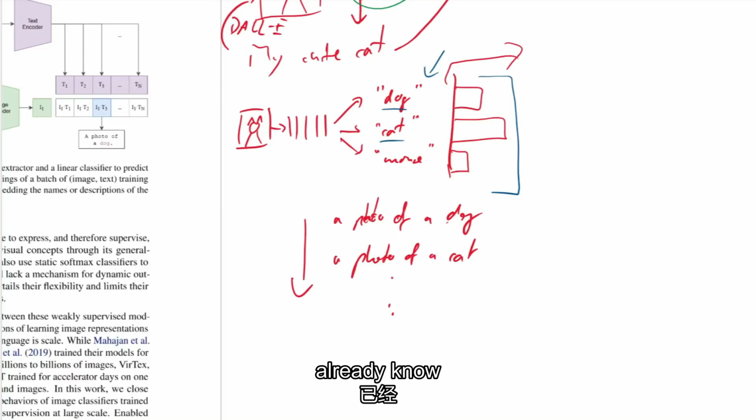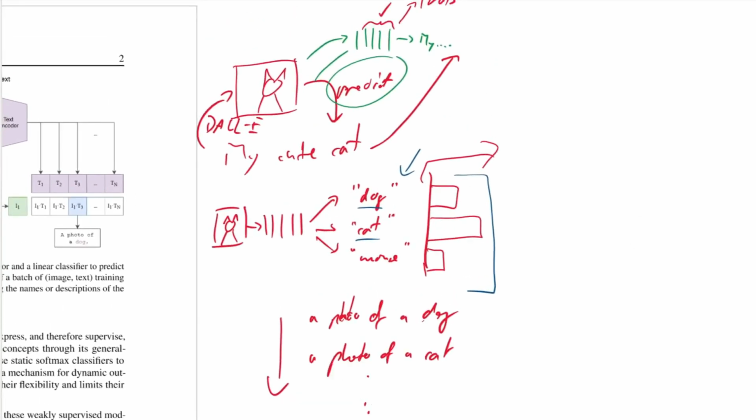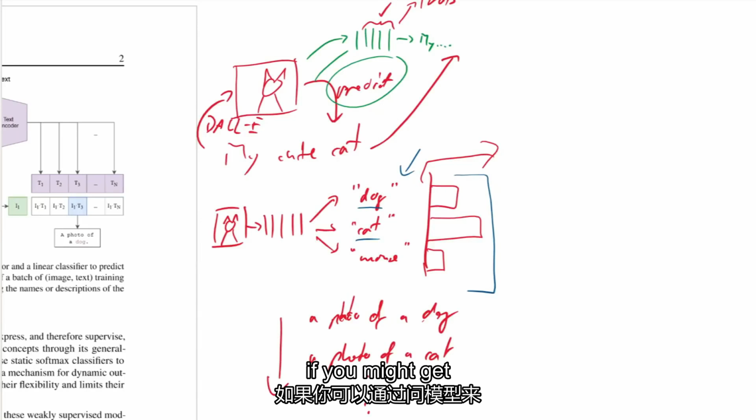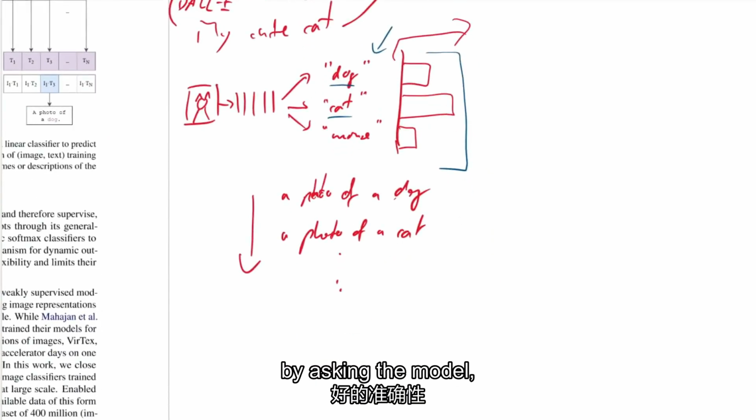If you already know that your images are all photographs, you might get a better accuracy by asking the model, hey, how likely is the phrase a photo of a dog going with this image versus the phrase a photo of a cat? That might give you a better signal, so less noise in whatever you get as an output, than simply going with the single word.